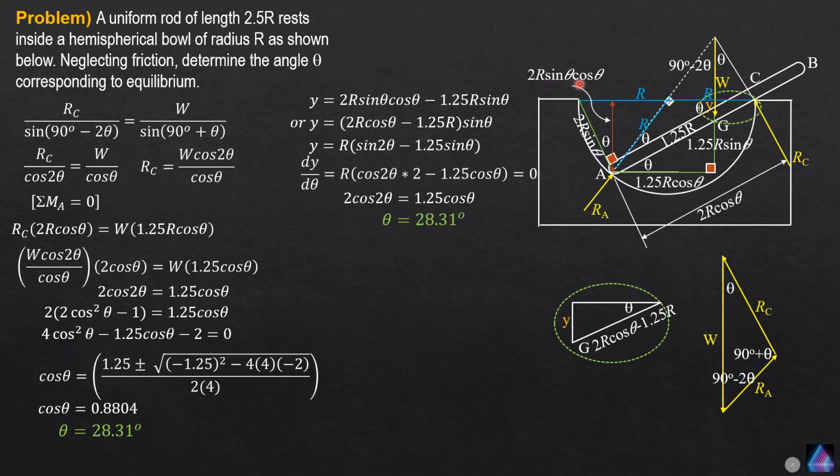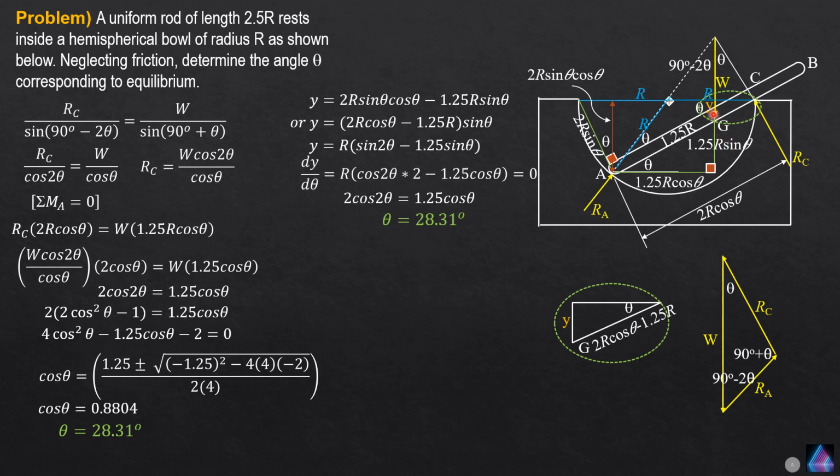So 2r sine theta cosine theta. And since we already defined this earlier from the statics approach, 1.25r sine theta, therefore the value of y is equal to 2r sine theta cosine theta, then minus 1.25r sine theta.